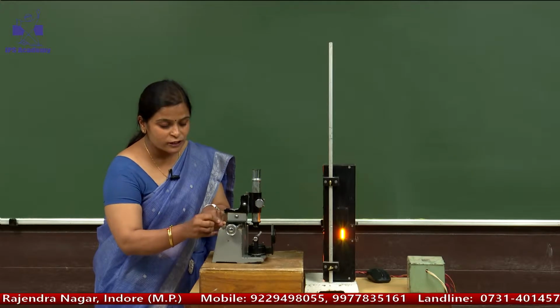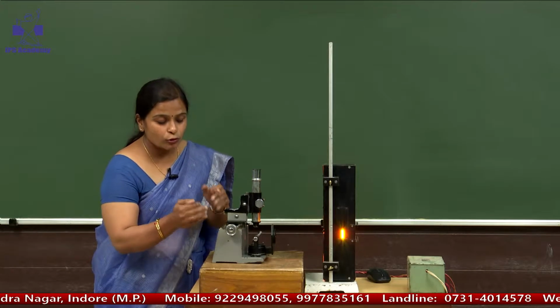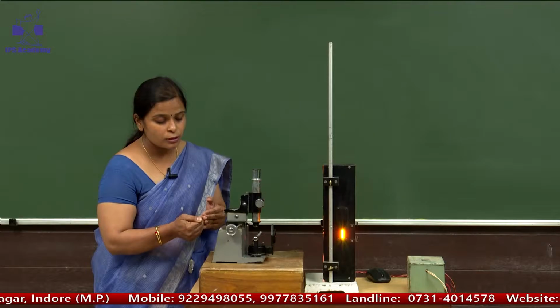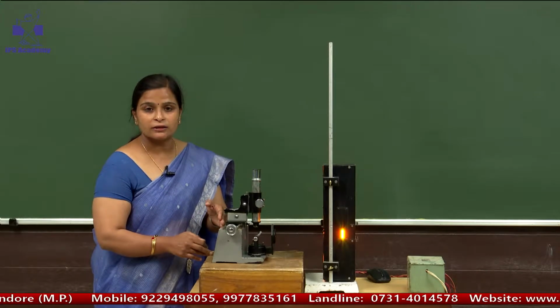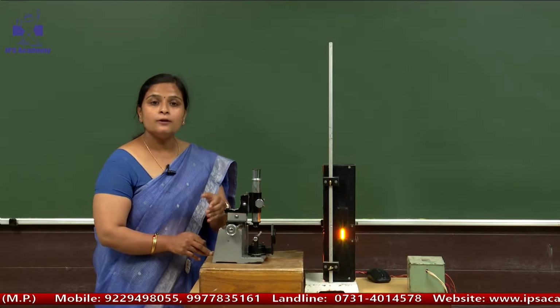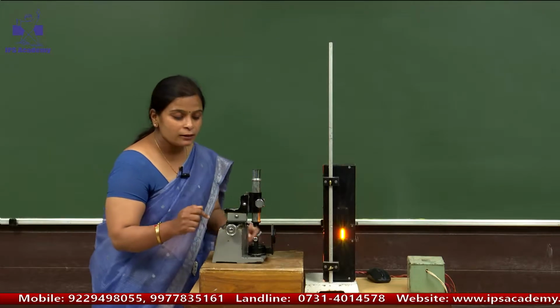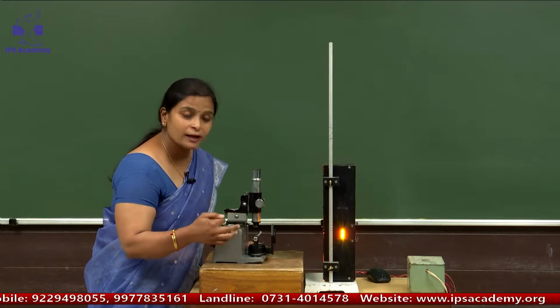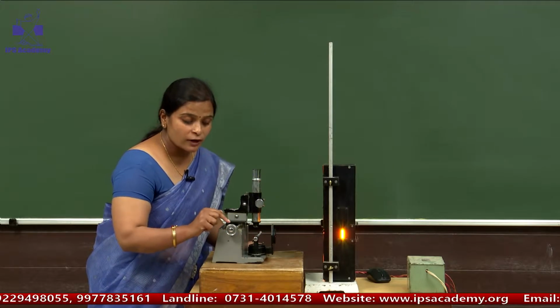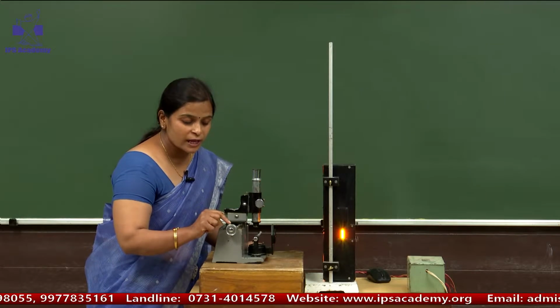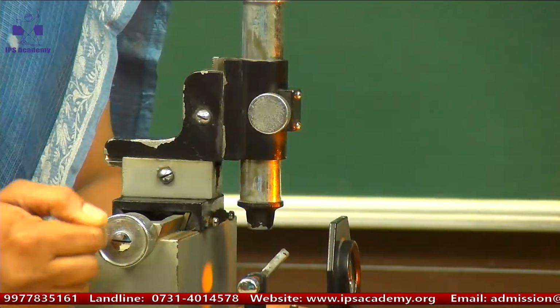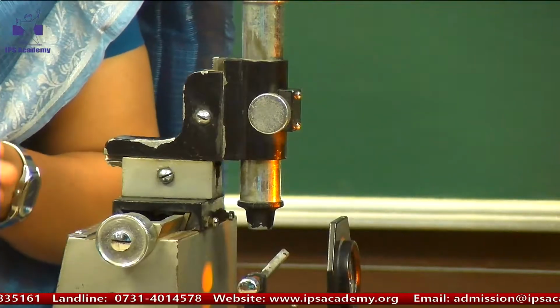The point on which this 0 coincides is your main scale reading. So first you have to calculate the main scale reading. Then there are 100 divisions on the circular scale, and when the 0 matches with a division, that division is our circular scale reading.